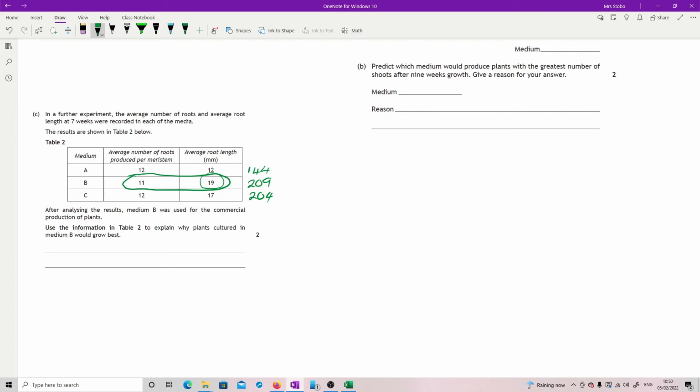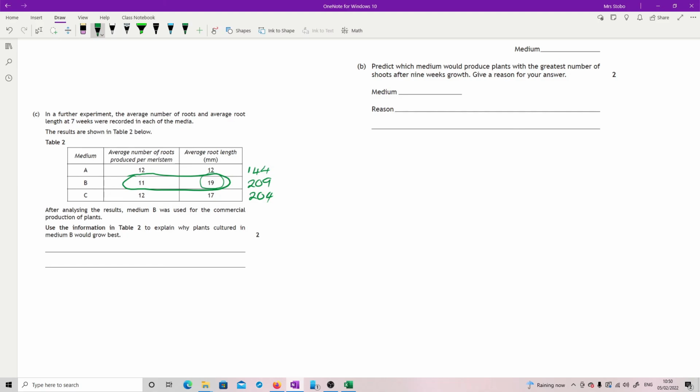If you said that you got more water, you have to say why, for photosynthesis, or if you said that there was more nutrients, for protein production, because normally we're talking nitrogen, so amino acids. So you had to work quite hard for the 2 marks, to be honest. The first one was okay, you were just saying it has the largest root length, but then for the explanation you had to link the root length to absorption of something and then see what that was for. So absorption of water for photosynthesis, or absorption of nutrients for production of amino acids or proteins.